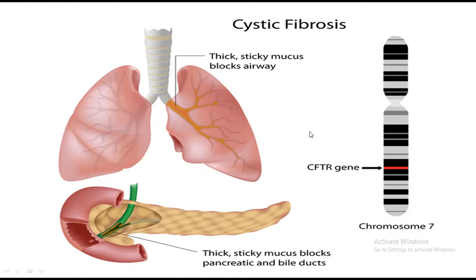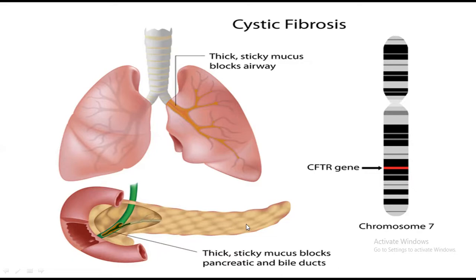These proteins help in the normal intake of salts and water inside and outside the cell. If it is mutated, abnormal mucus is produced inside and over the cell. Then it can cause great difficulties in breathing and other activities. It can disturb it.